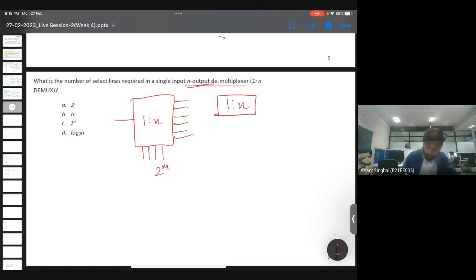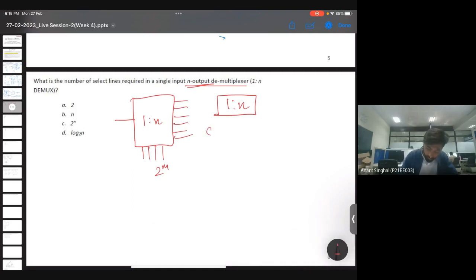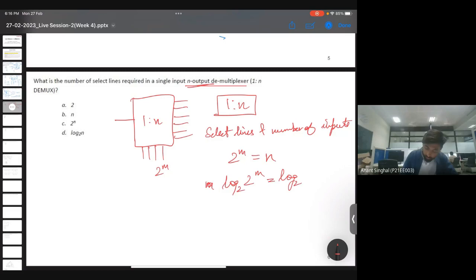We know the relation between select lines and number of outputs. It is 2 to the power m, where m is the number of select lines, which is equal to n. If we take log on both sides, it will be log to the base 2 of 2 to the power m equals log to the base 2 of n.